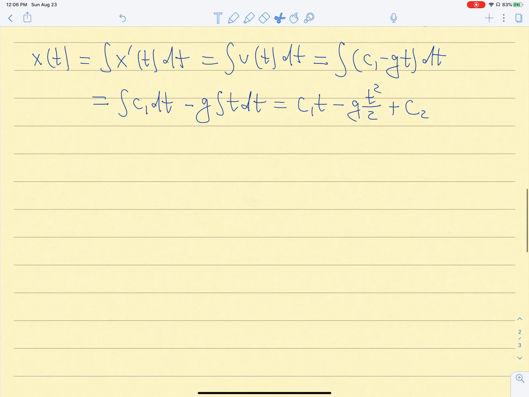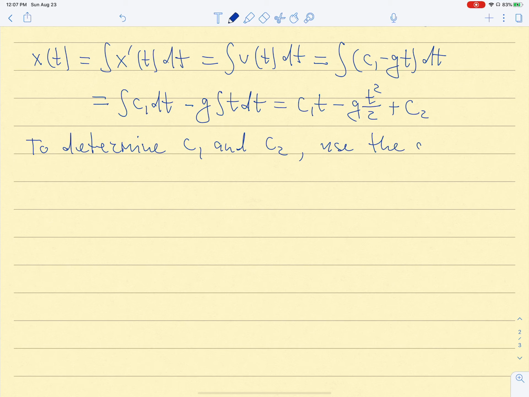So what we're going to do here, to determine c1 and c2, we're going to use the condition that x at time 0 is equal to x0.